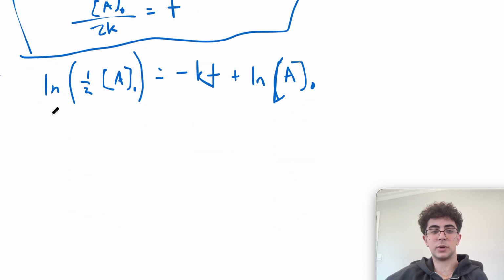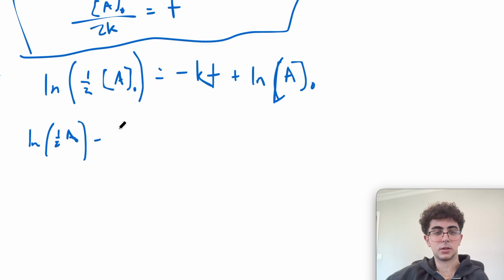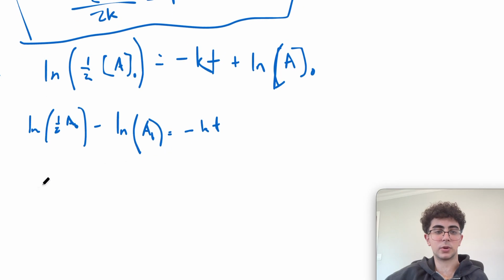For first order, we got ln 1/2 A naught equals this. So all you're going to do is subtract this on both sides. So it'll be ln of 1/2 A naught minus ln A naught equals negative kt. Notice by log laws, ln of something minus ln of another thing is the same thing as ln of this divided by this.